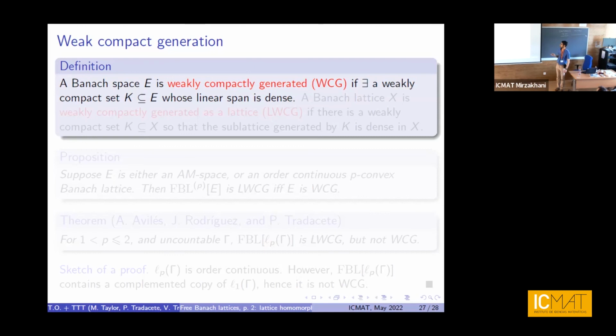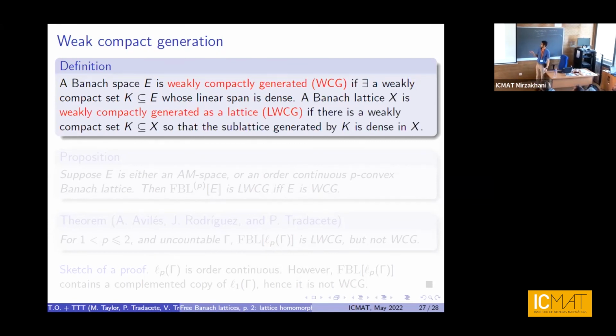So first of all, a Banach space E is called weakly compactly generated, or WCG, if, as the name suggests, E contains a weakly compact set K whose linear span is dense in E. And the theory of weakly compactly generated Banach spaces, it's quite involved. Such spaces have certain nice properties, which I'm not going to recount now.